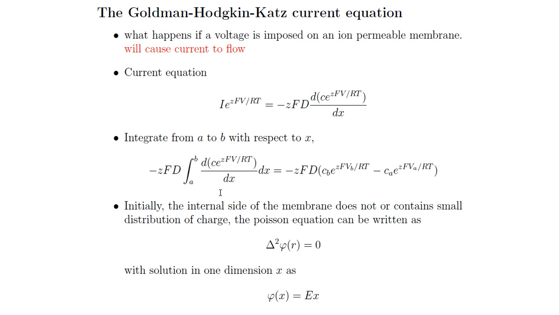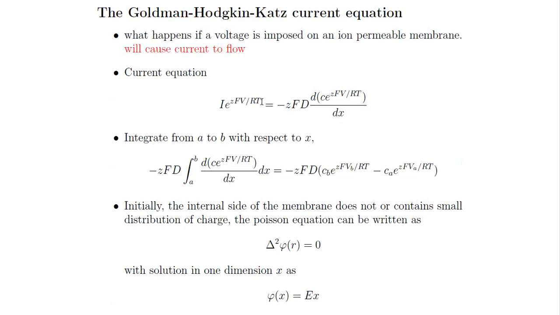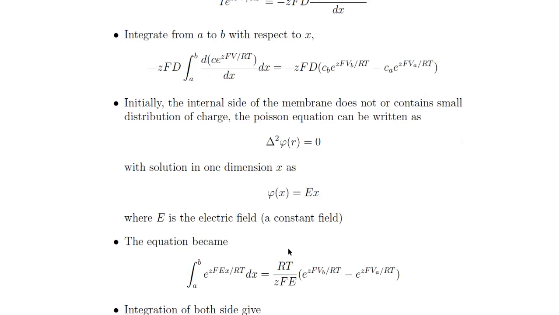The interior of the membrane does not contain a significant dispersion of charge. The Poisson equation can be written as this, with the solution for the electric potential at x equal to E times x, where E is the electric field.